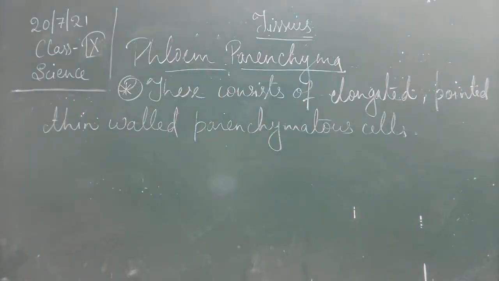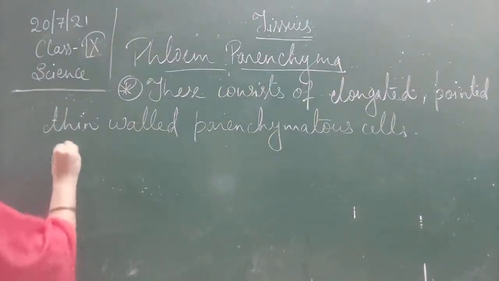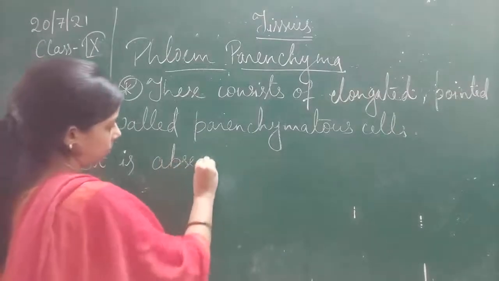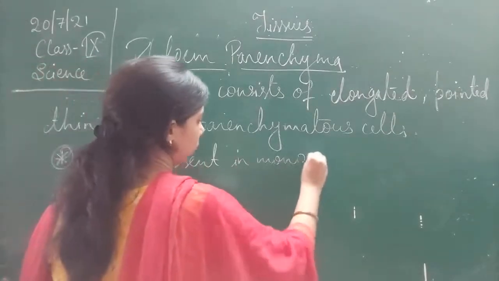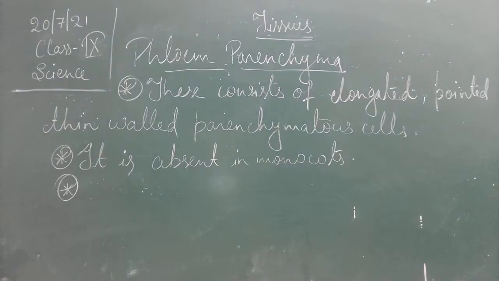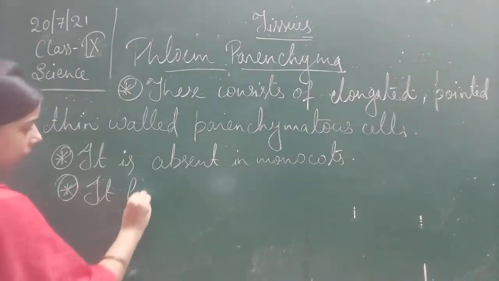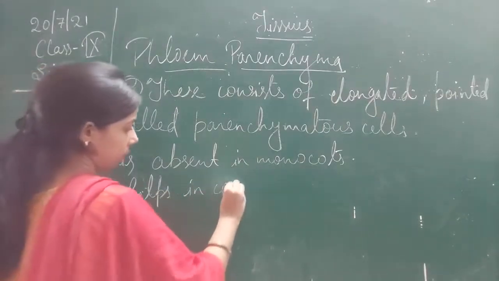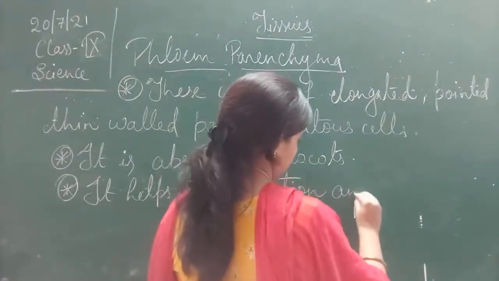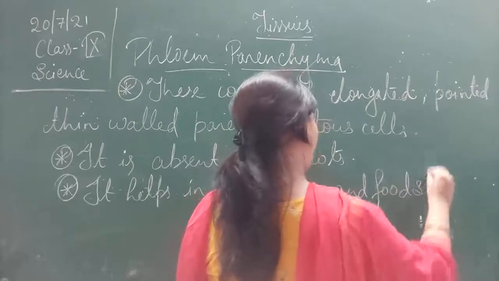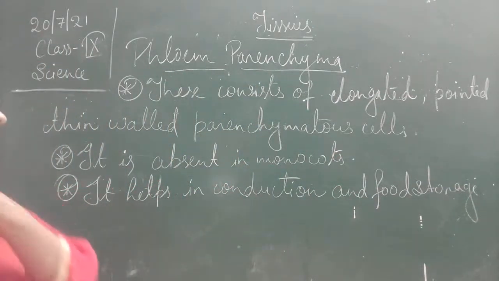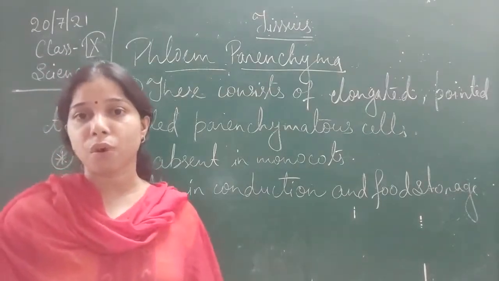This is absent in the monocots. And finally, it helps in conduction and food storage. This is the function of the phloem parenchyma.